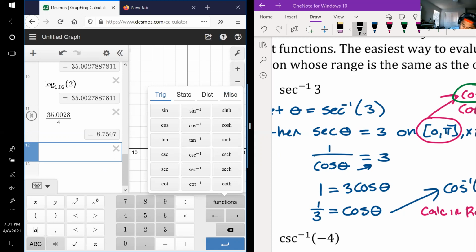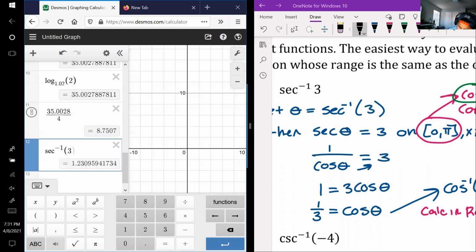So remember that the output couldn't be pi over 2, because it can't equal pi over 2. Our output should always be an angle. So we're trying to avoid pi over 2. If you type in inverse cosine of pi over 2, it gives you a domain error.